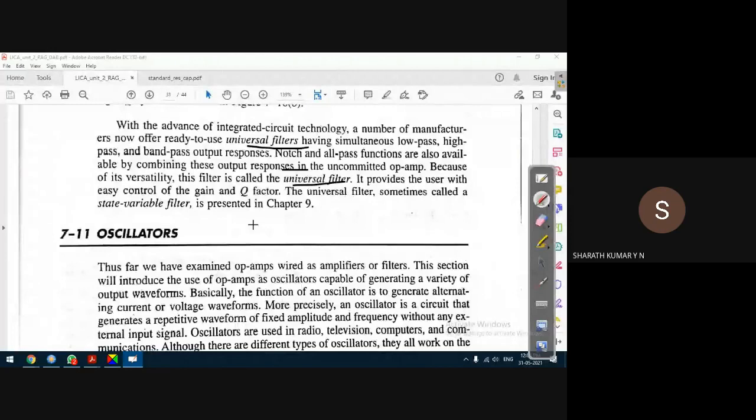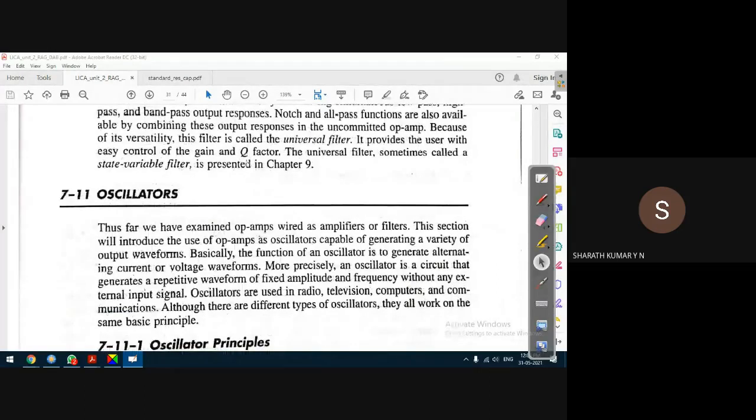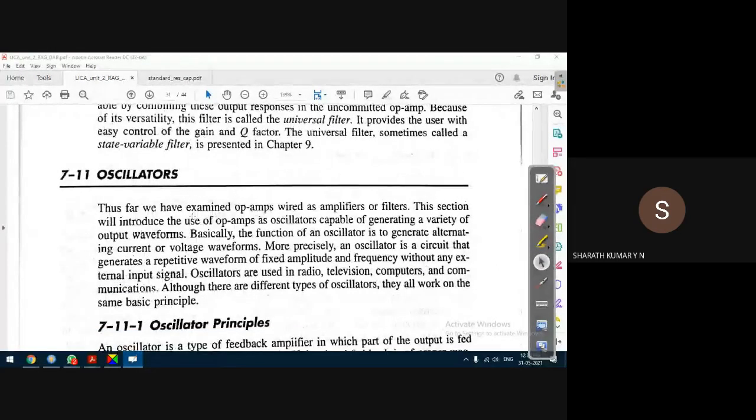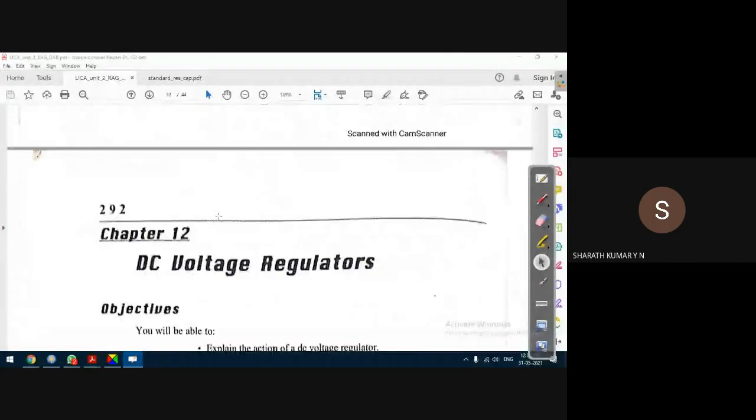It provides the user with easy control of the gain and Q factor. The universal filter is sometimes called a state variable filter. We will not discuss the state variable filter here; we will discuss it in the control system course, not in your course. But anyway, that's another part of the discussion, another application of operational amplifiers.